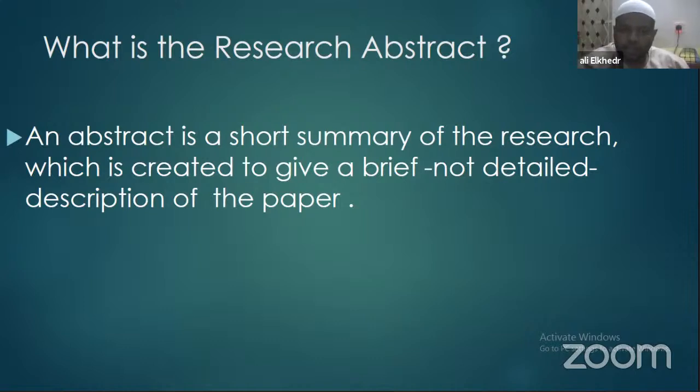The abstract gives you an idea about the whole paper. In case you find it relevant to your topic of interest, then you can go and review the rest of the paper.